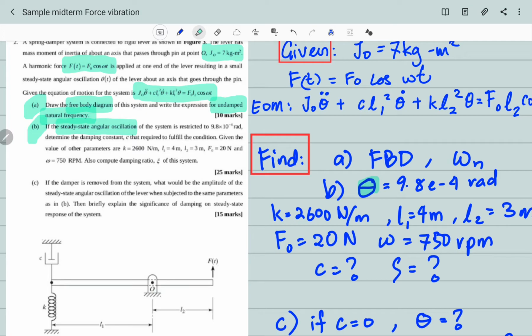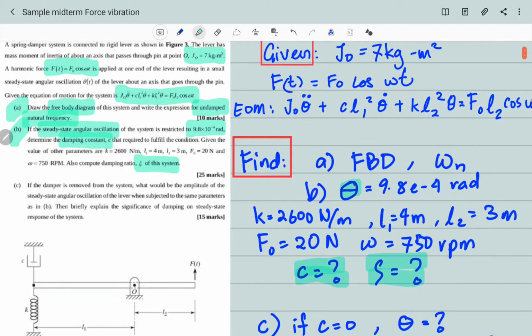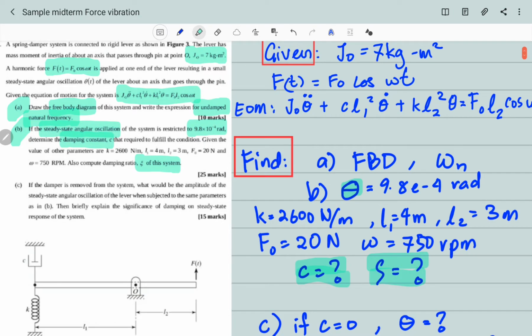The steady state angular oscillation is given, and you want to find your C, the damping constant, as well as zeta. I've highlighted the things that you want to find, and I listed all the values given related to this question.